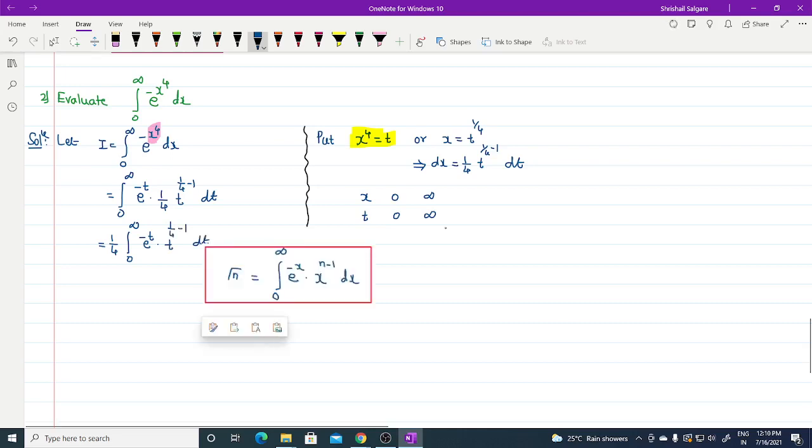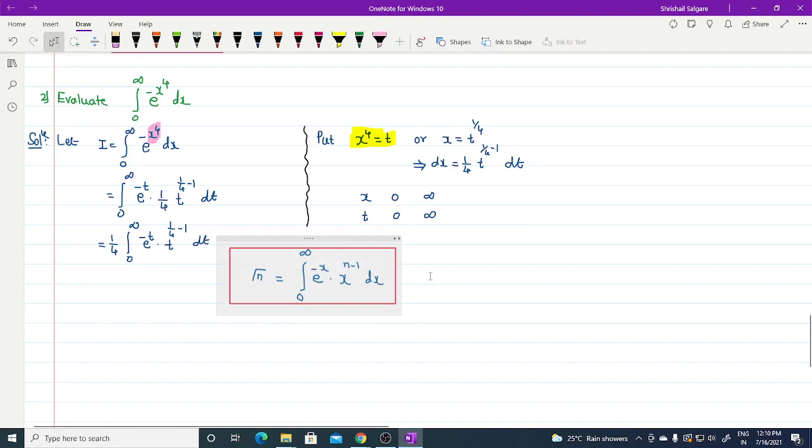Again here you can notice the integral is of the form e raised to minus t, t raised to n minus 1. So it defines gamma of what number? Outside 1 by 4 as it is, and it defines gamma of 1 by 4.